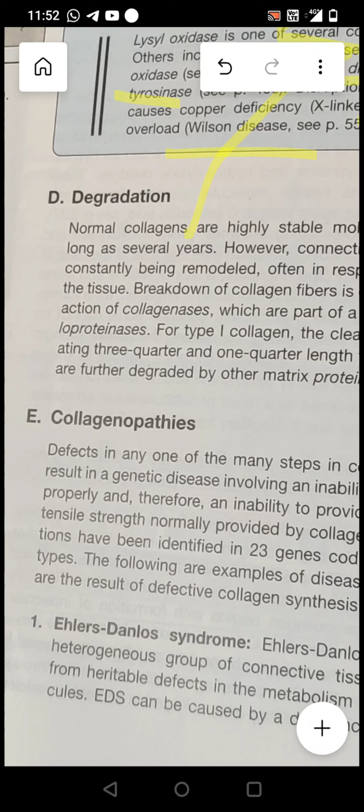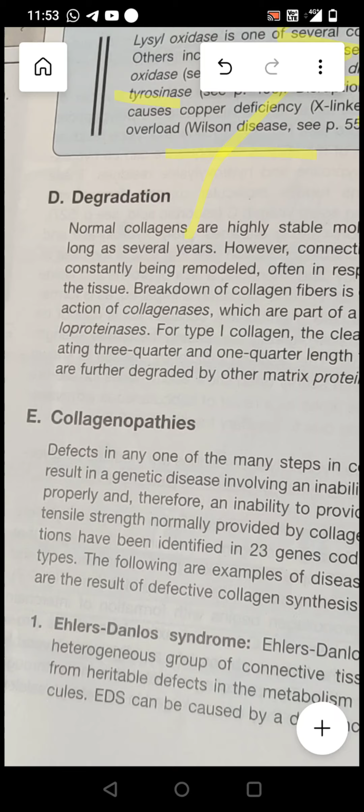Ehlers-Danlos syndrome is a heterogeneous group of collagen disorders that results from hereditary metabolic defects in fibrillar collagen. You have two enzymes, lysyl hydroxylase as well as N-procollagen peptidase.